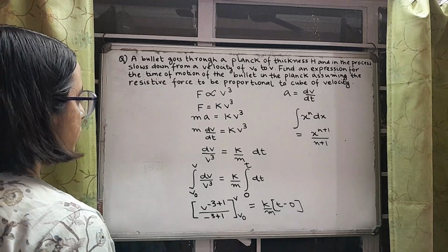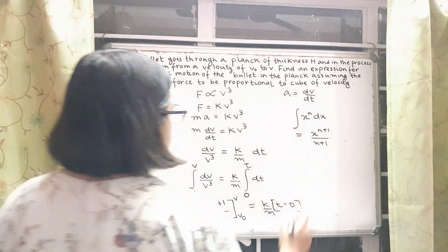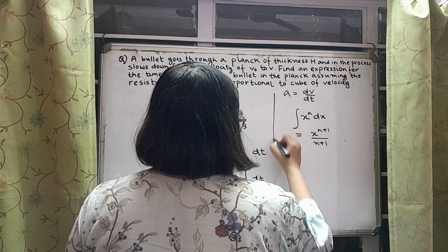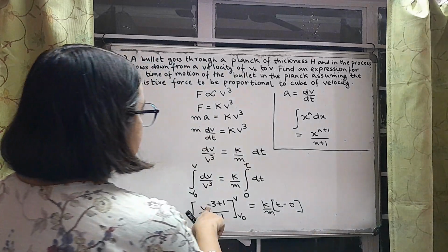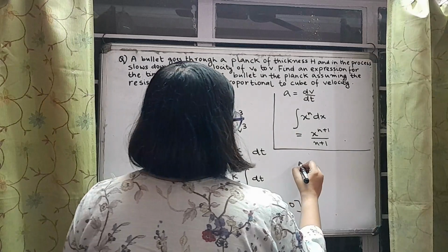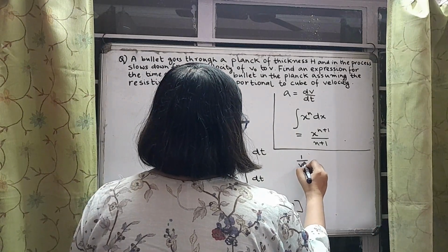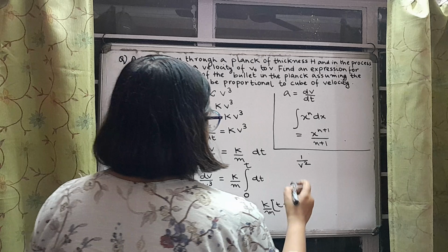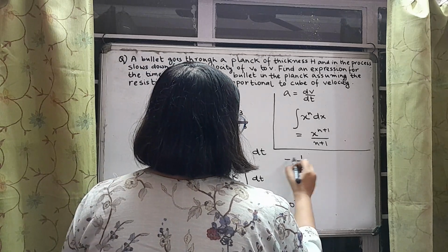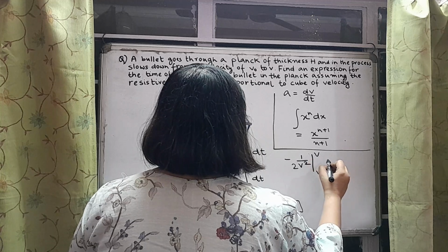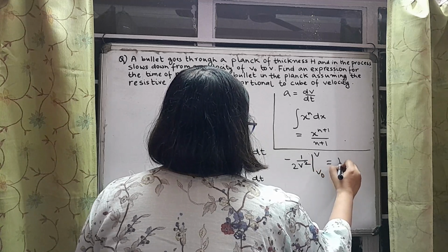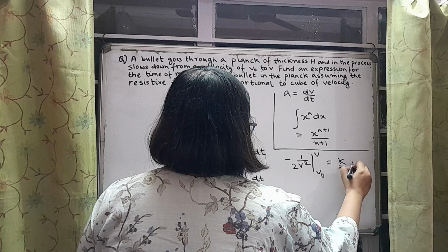So now if I put this, then what do I get? So let me write it here. So this is v to the power minus 3 plus 1. So this will be 1 by v squared. Minus 3 plus 1 will be minus 2. So I will get minus 2 over v0 to v equal to k by m t.